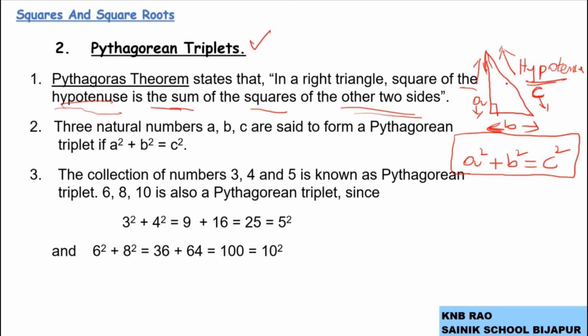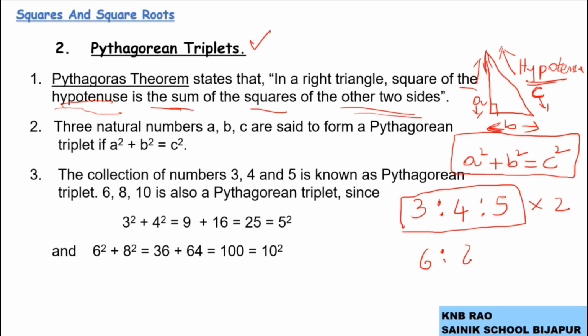So, I gave you 2 examples. Do you find any relation between 3, 4, 5 and 6, 8, 10? Yes, there is. If I take 3, 4, 5 and if I multiply each of them by 2, gives me 6, 8, 10.